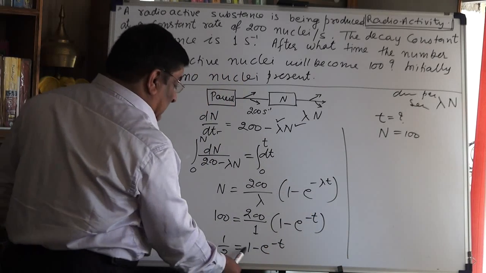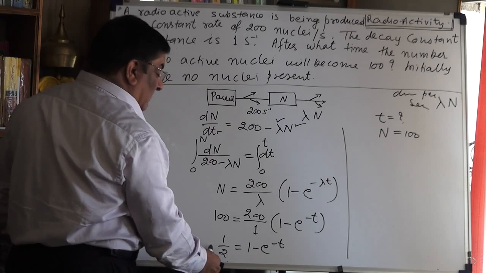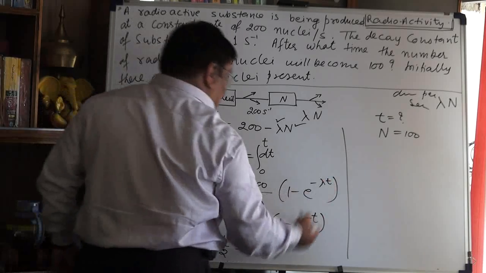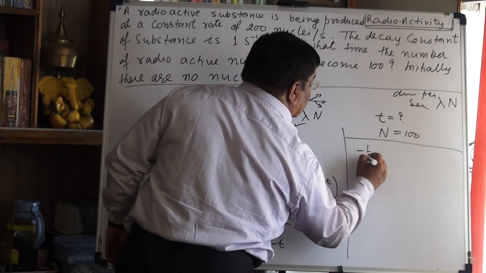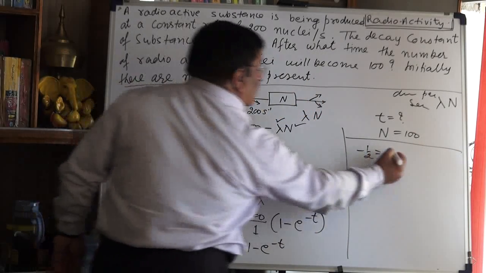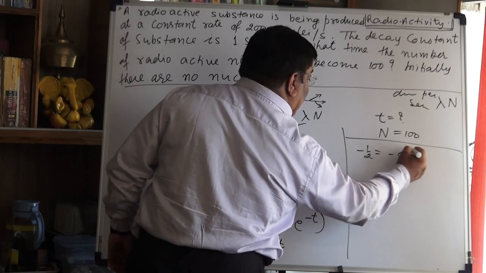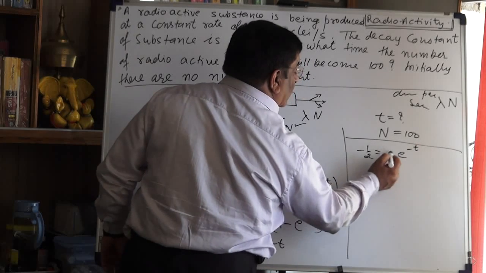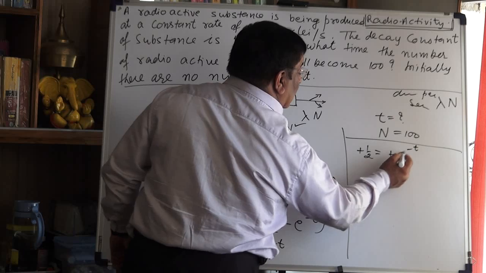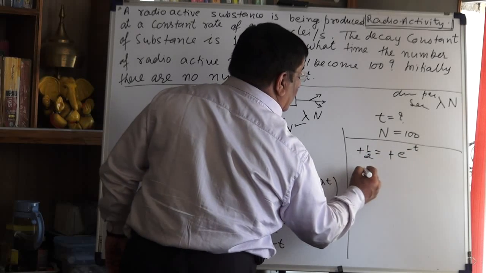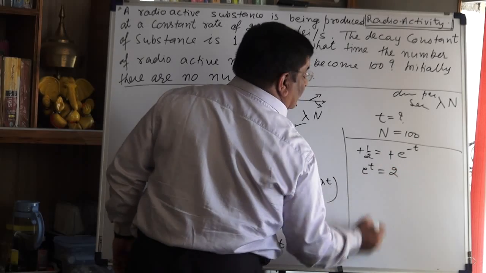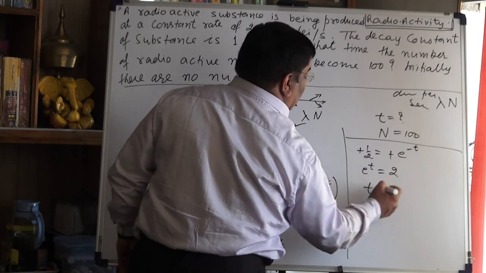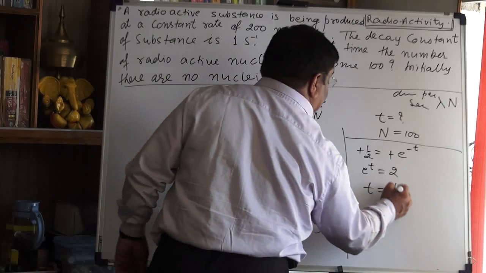The next step, this one will come here, this will become minus half. So minus half is equal to minus e to the power minus t. So this is cancelled. e to the power minus t is 1 upon 2. So e to the power t is equal to 2. So t is equal to log 2.